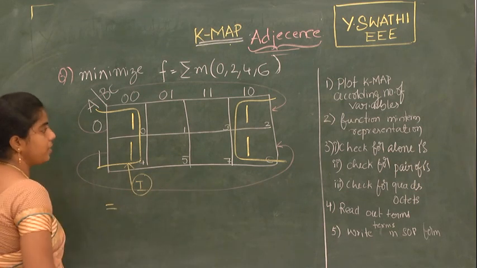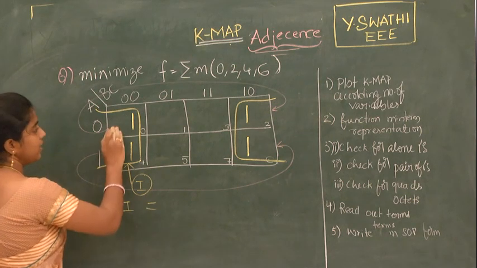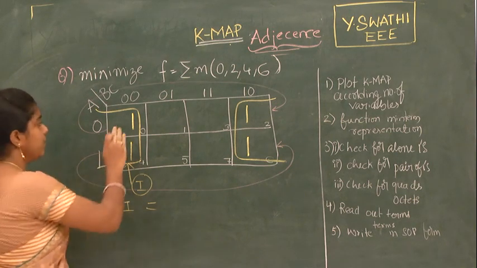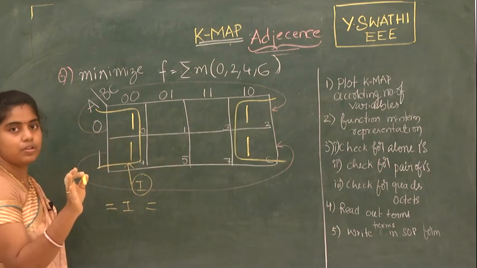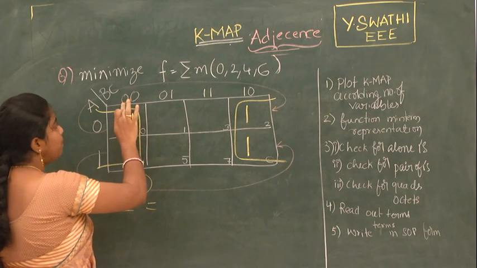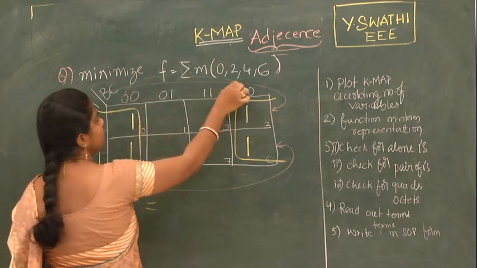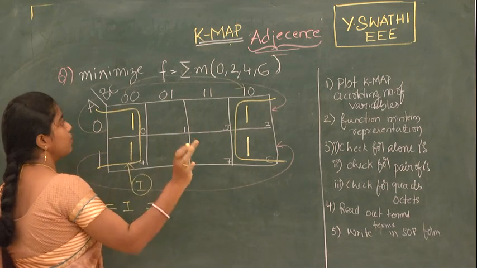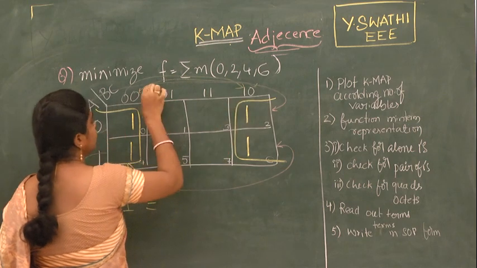And the reduced form can now be represented. See, in the 4 cells, A is changed from 0 to 1. And for BC, you should check BC. B is changed from 0 to 1, so we should not take that. And C didn't change. It is 0 here and 0 here.